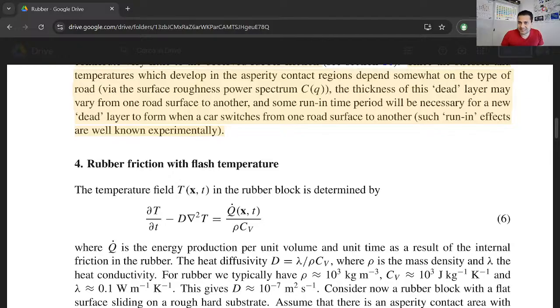For this reason it is written in bold letter, which means that it is a vector xy. And t, which is time, divided by rho, which is the density, and the specific heat, the volumetric one.